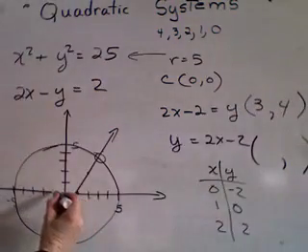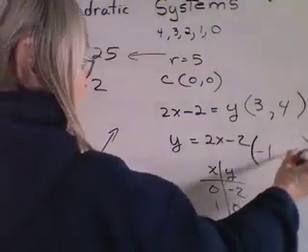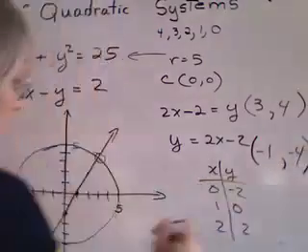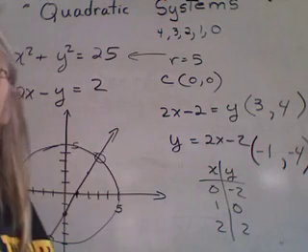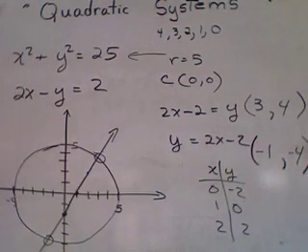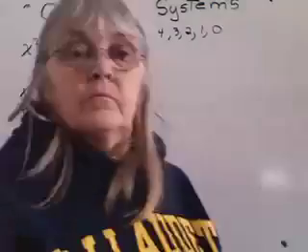This one looks to be over 1, down 4: negative 1, negative 4. Sometimes your estimate is a little bit off, but do the best that you can. The direction said to estimate here. To get exact answers, you have to solve the systems algebraically.